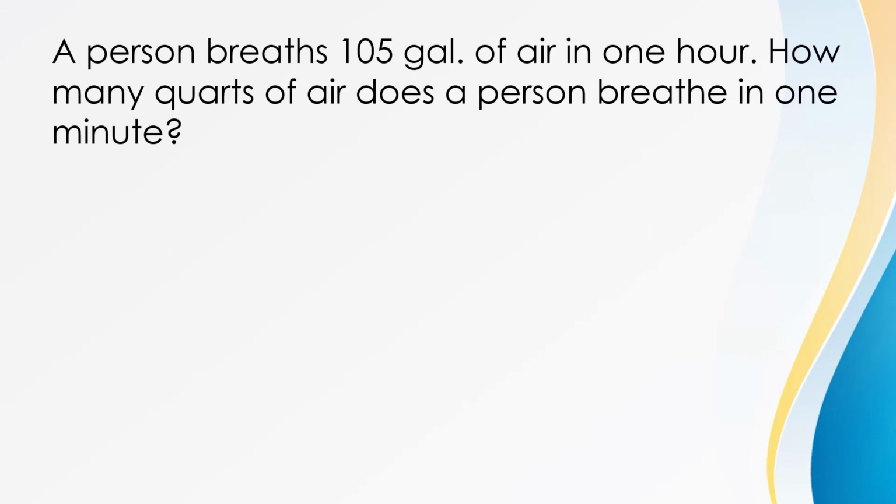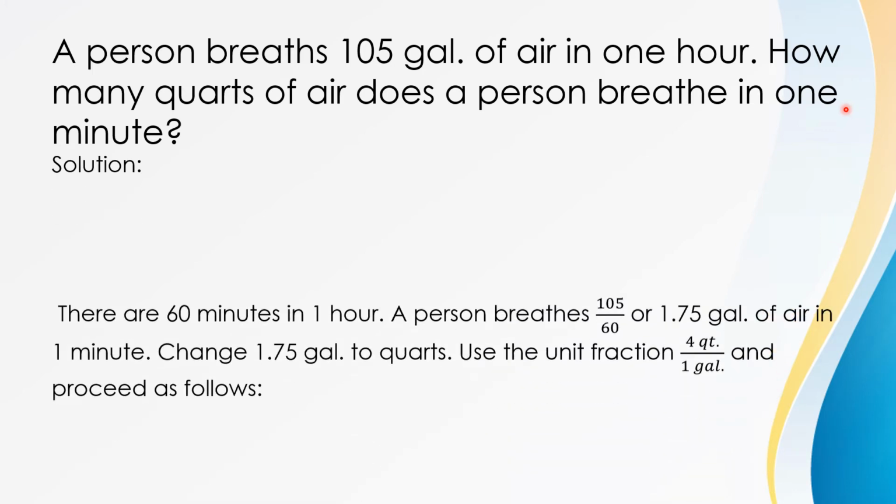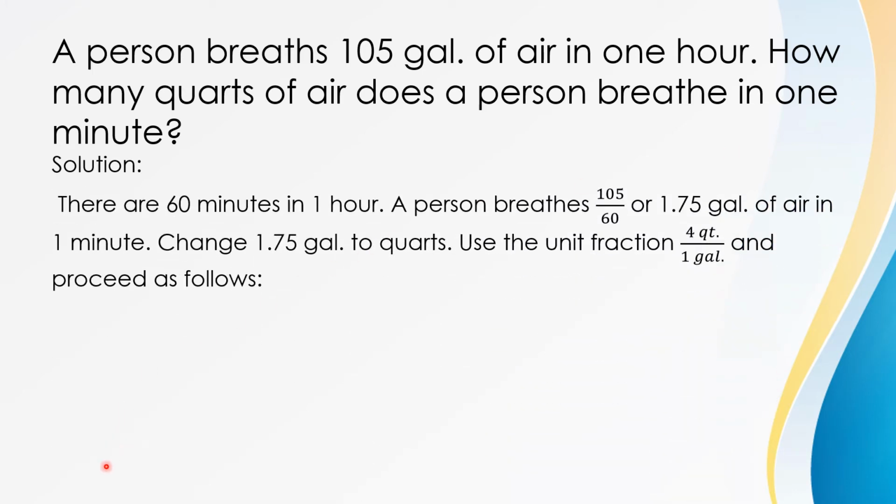Next, a person breathes 105 gallons of air in 1 hour. How many quarts of air does a person breathe in 1 minute? Solution. We know that there are 60 minutes in 1 hour. So a person breathes 105 over 60, or 1.75 gallons of air per minute.